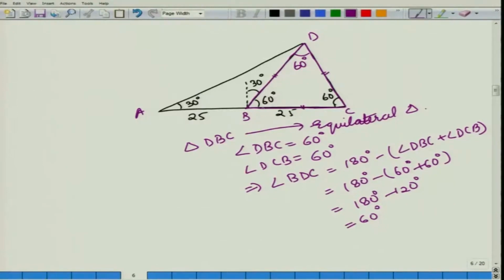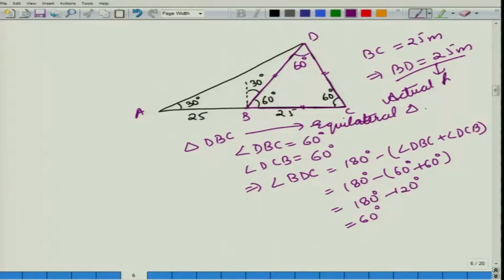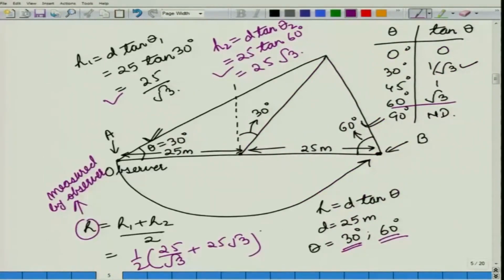Now, because we are given that BC is 25 meters, we can get that BD is also equal to 25 meters. So, this is the actual height of the tree. So, what the logger had measured was this, and what we have received here is 25 meters.